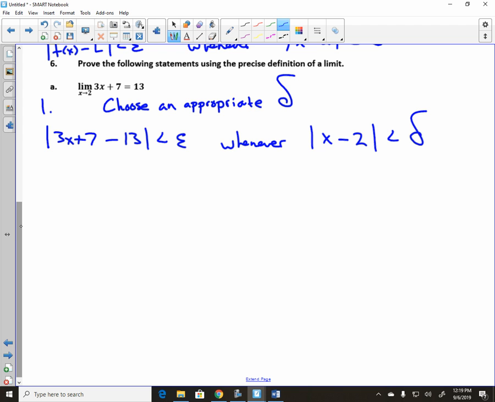Here's how we choose an appropriate delta. We make the left side look like the right side. Watch the magic happen. 3x plus 7 minus 13. Combine like terms. What do you get? 3x minus 6, less than epsilon. This is starting to look closer to that. I'm going to factor out a 3.